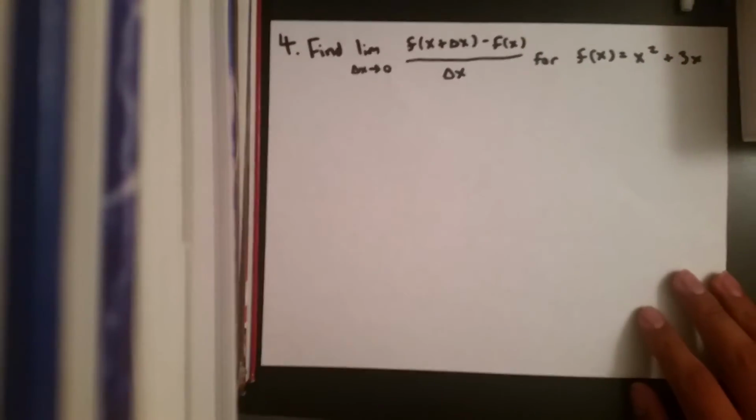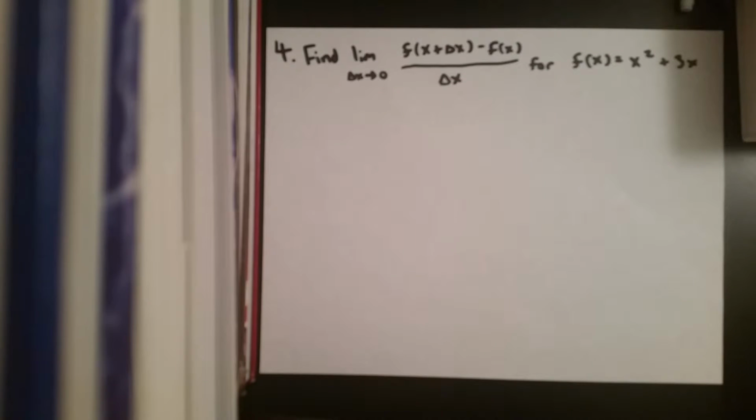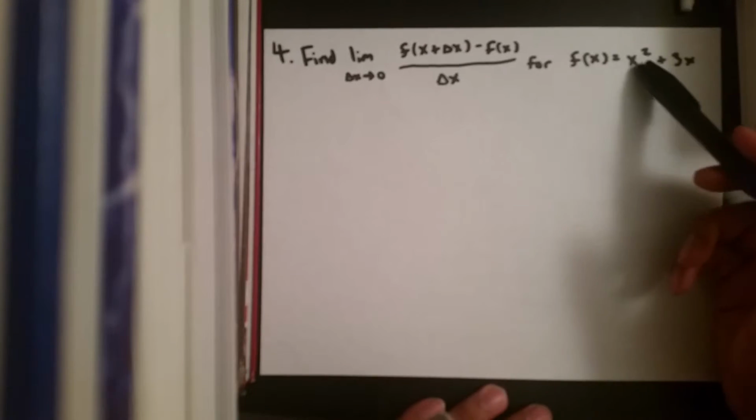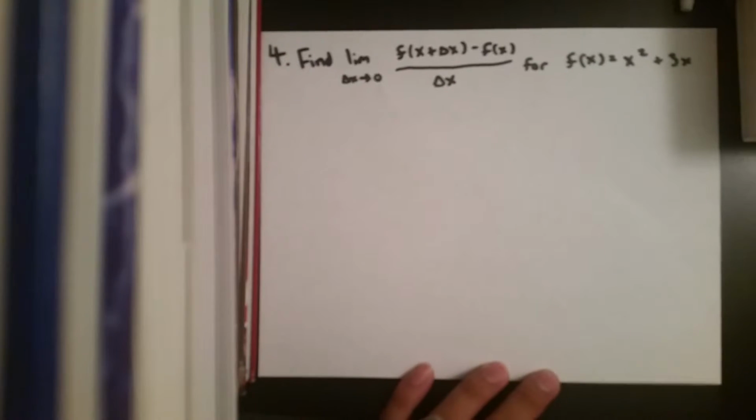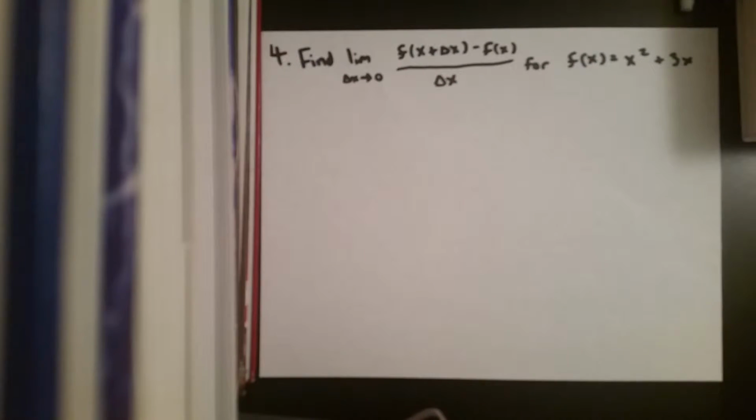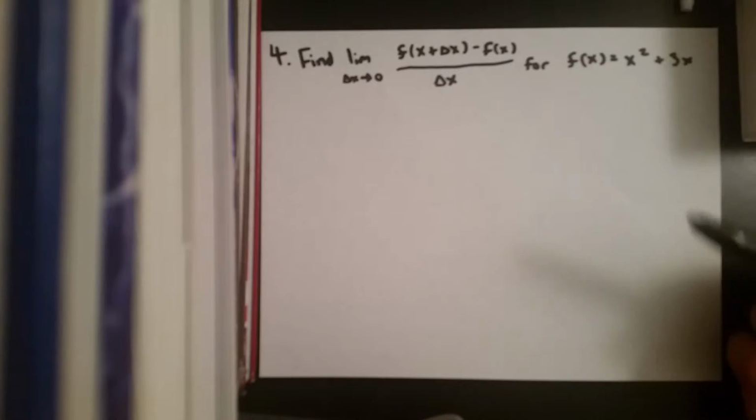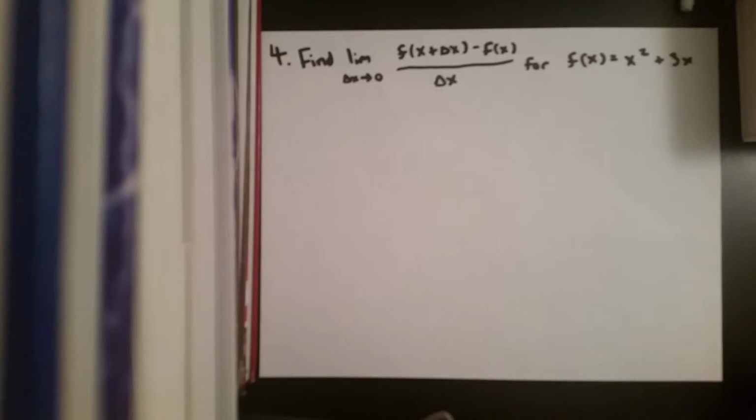And the last one we got here is number 4. It's a bit of a long problem. What you're going to want to do is plug in your f of x equation into there, but for every x.